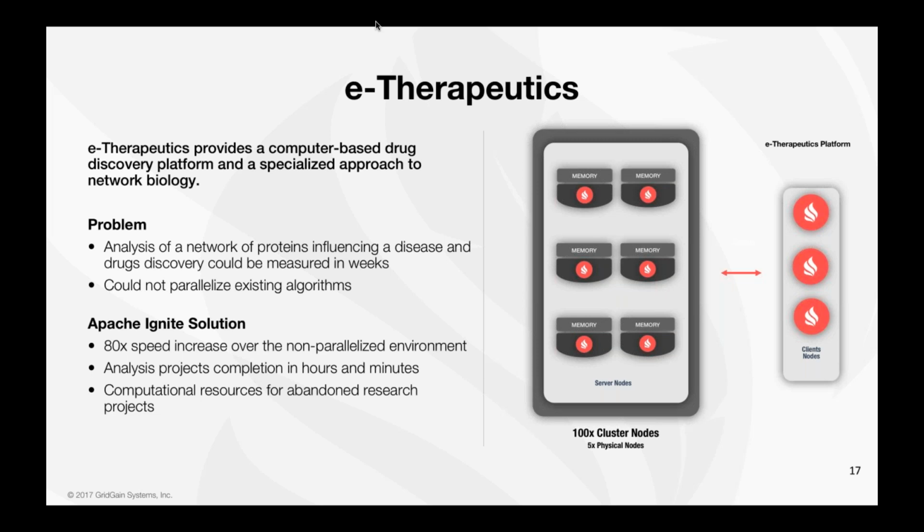And the other key point is being able to do these discoveries, run these models and simulations, and do the research, providing results in minutes and hours rather than days and weeks. That provides considerable benefit, both in terms of resource utilization and being able to do drug discovery much, much faster. And we'll look at this in a bit more detail shortly.